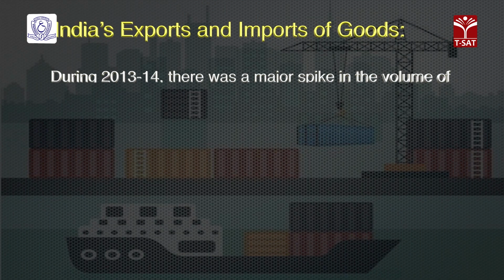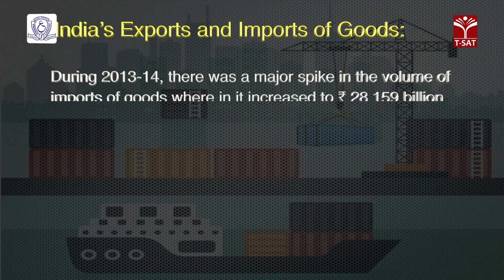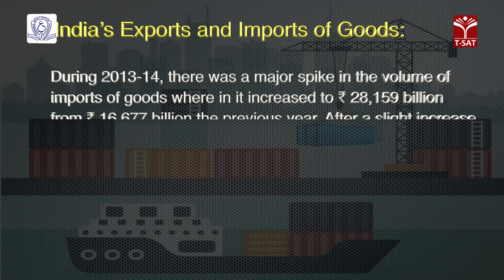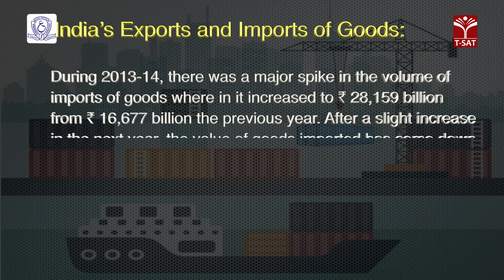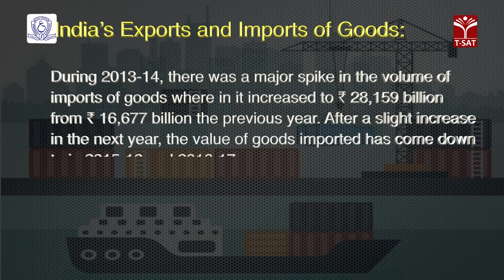During 2013-14, there was a major spike in the volume of import of goods, wherein it increased to 28,159 billion from 16,677 billion in the previous year. After a slight increase in the next year, the value of goods imported came down in 2015-16 and 2016-17. During these 2 years, exports also showed a corresponding increase.